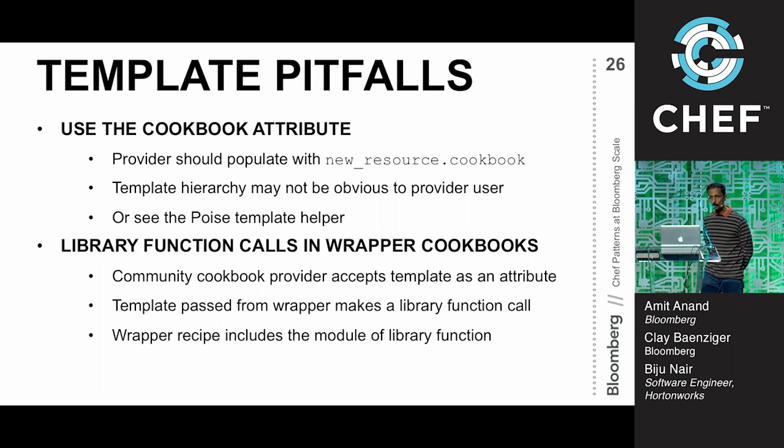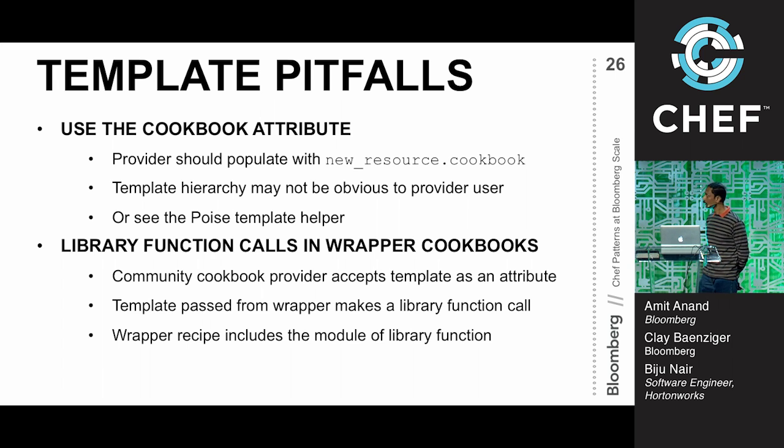And the next one is about library function calls in wrapper cookbooks. So the scenario is like this. We have a community cookbook, which is Cobbler in this case, which provides a provider which expects a template to be passed, a preseed file template, as a parameter.